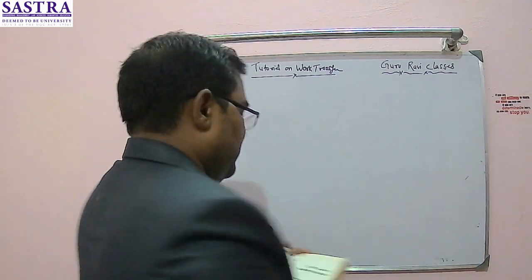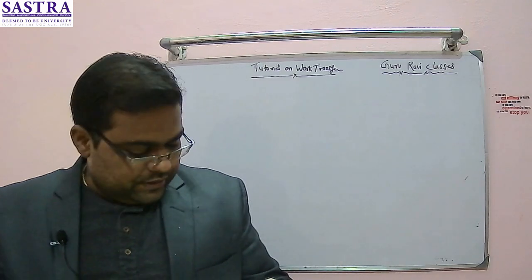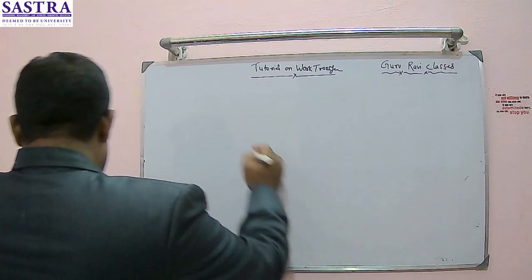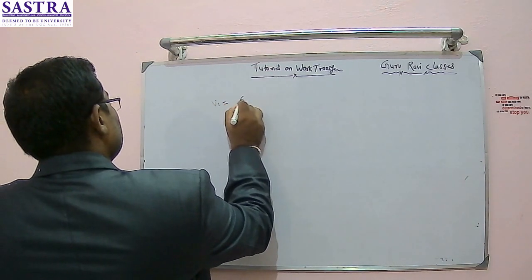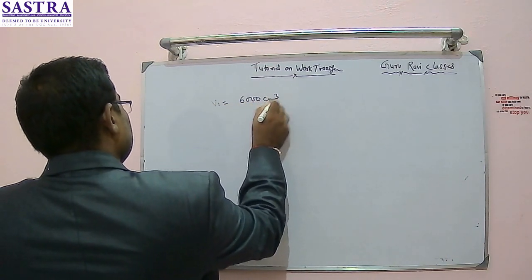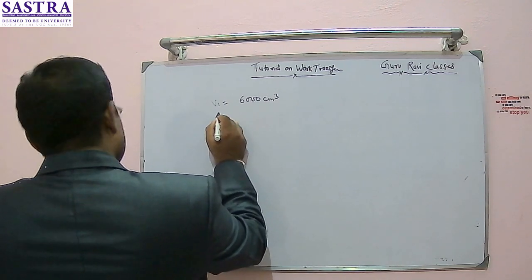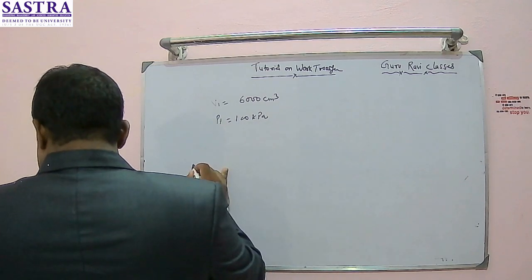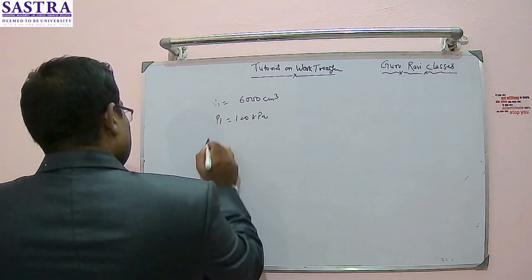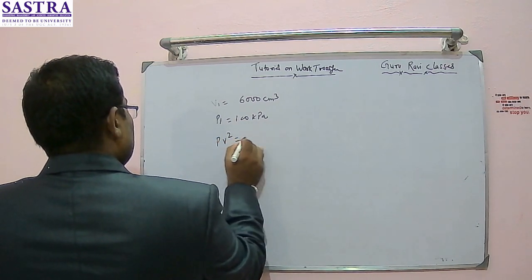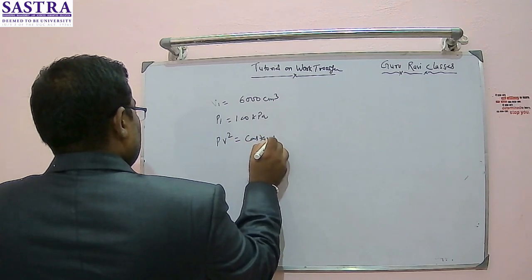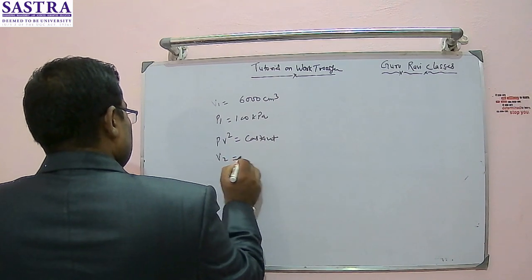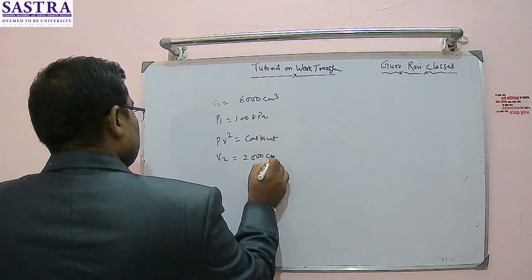So this is the next problem. The gas of initial volume 6000 centimeter cube and a pressure 100 kilopascal is compressed quasi-statically as per PV squared is equal to constant until the volume becomes 2000 centimeter cube.